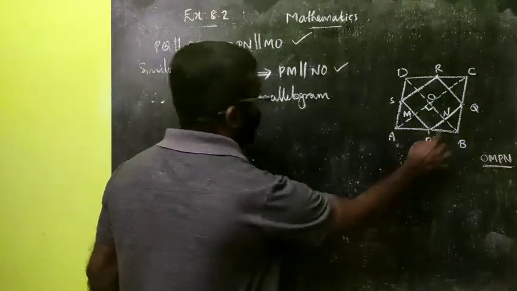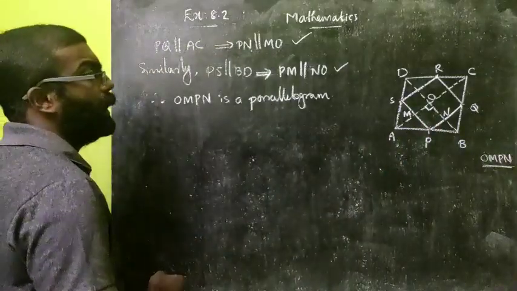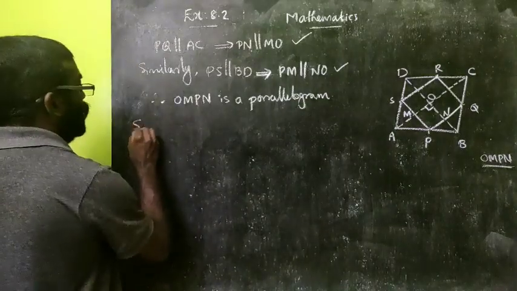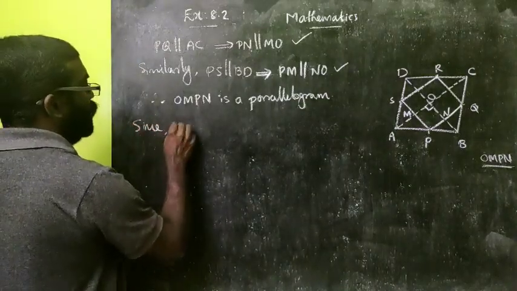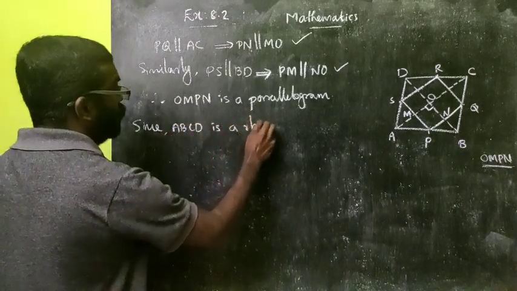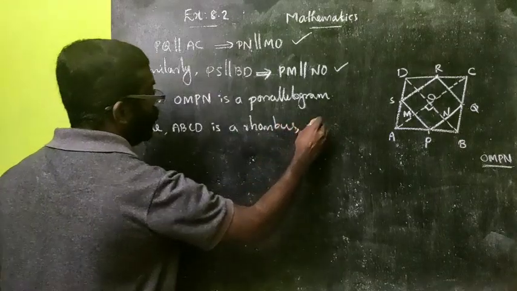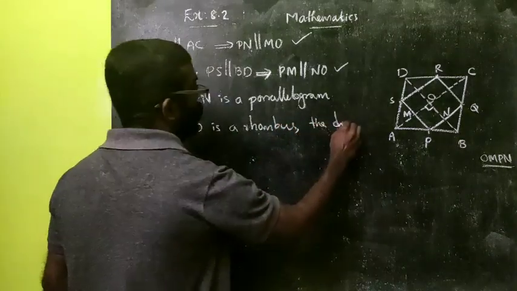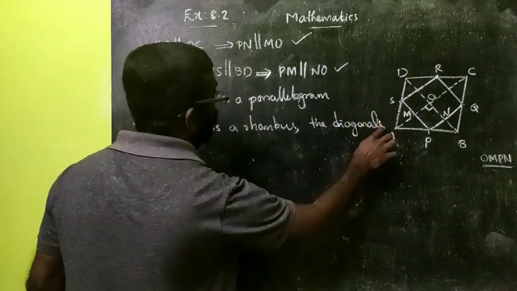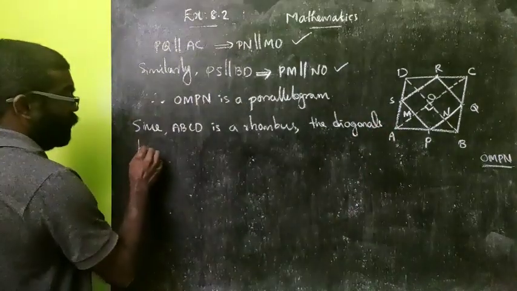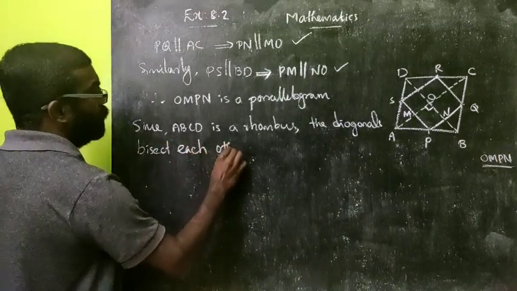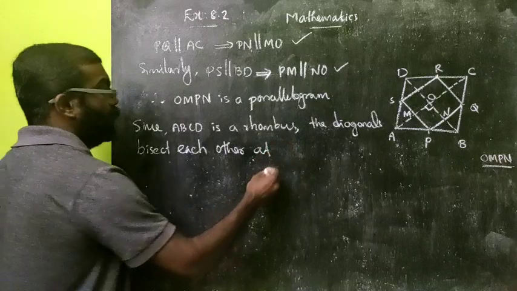Okay. Since ABCD is a rhombus, we know the diagonals bisect each other at a right angle. That we can write here. Since ABCD is a rhombus, the diagonals bisect each other at right angles.